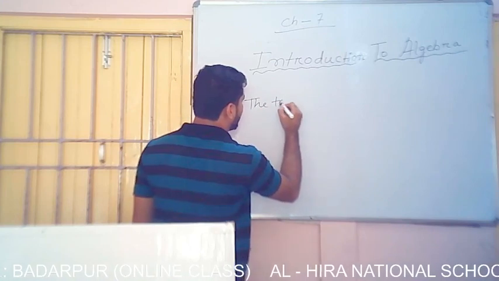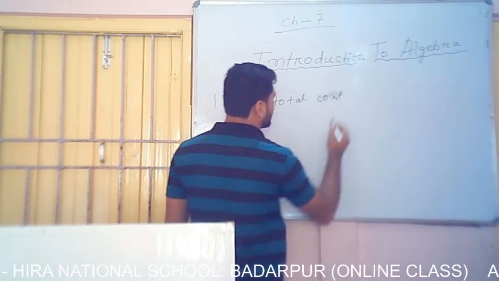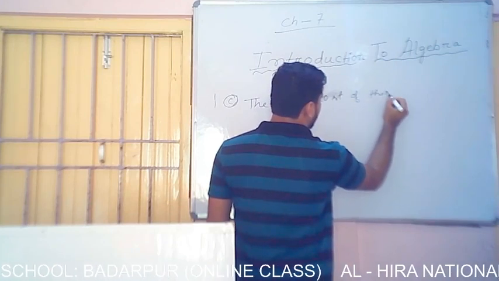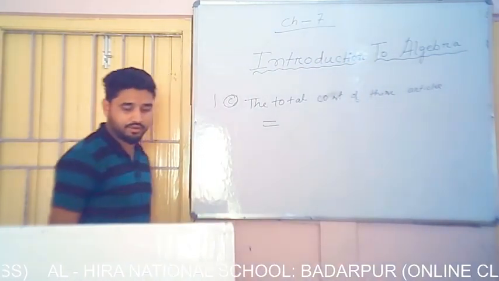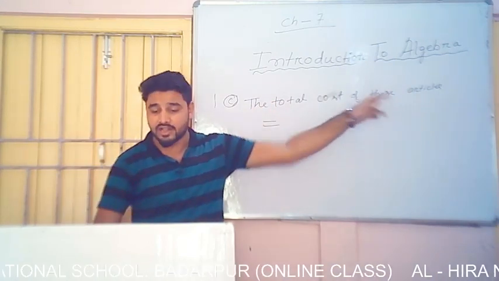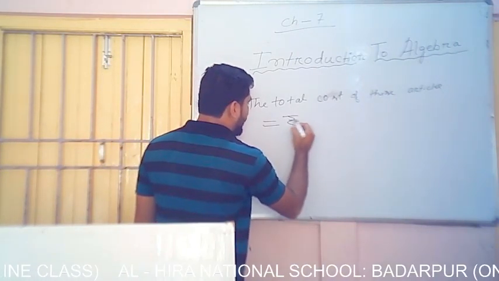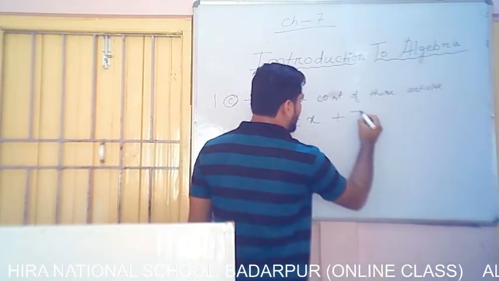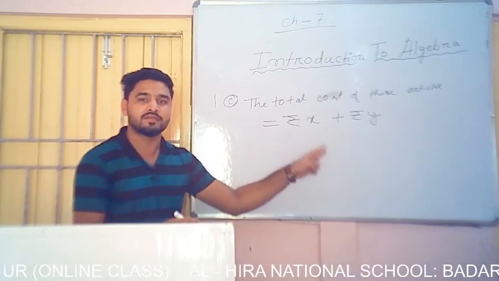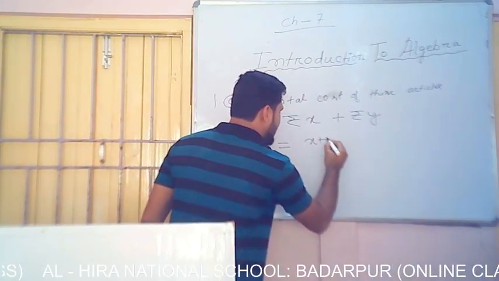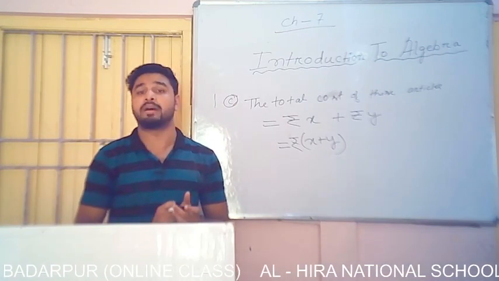The total cost of these articles equals rupees X plus rupees Y. Then if we add them, we get rupees X plus Y. That is your answer of question number D.